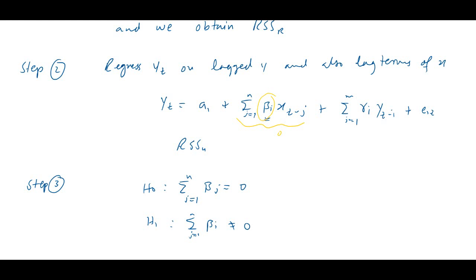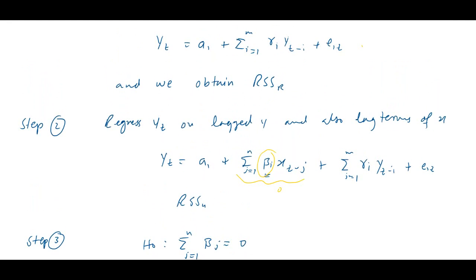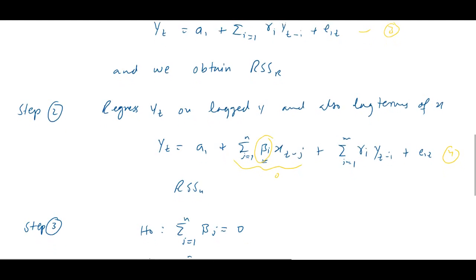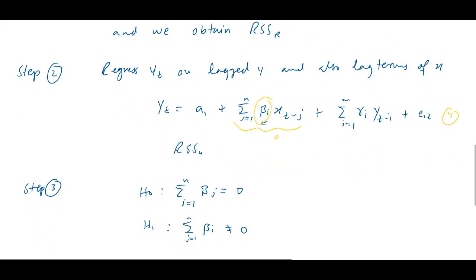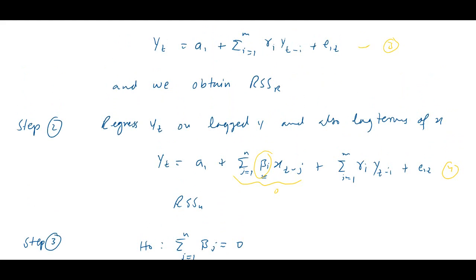We are left with yt equals a1 plus exactly the same equation that we have written here. Let's say if this is equation 3, then our equation 4 and equation 3 will be identical. Both will be the same. There will be no difference between the two. So what we have done, we have obtained the residual sum of square. If both equations are similar, then the residual sum of square of both equations will also be identical, and there will be no difference between the two.